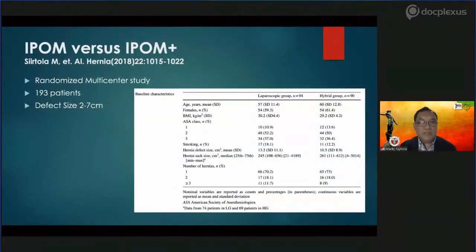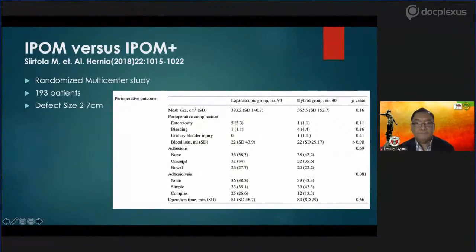So some studies between IPOM and IPOM Plus. This is actually not just IPOM Plus. They decided in this arm to resect the sac and do some cosmetic things for the wound. So a randomized study comparing the two. The parameters in terms of the BMI and the ASA and the others are almost similar.